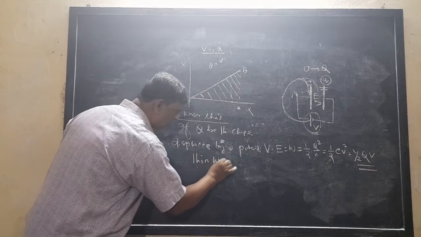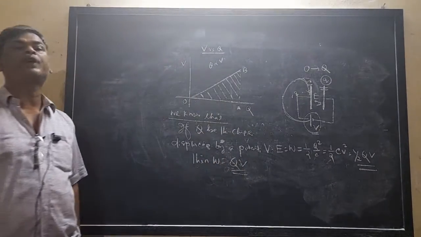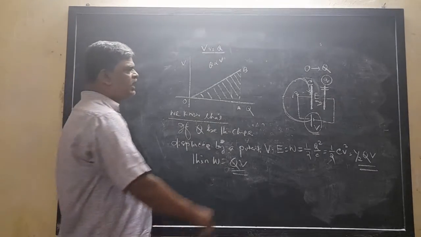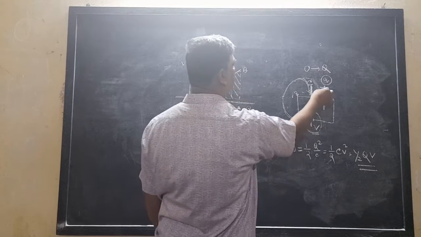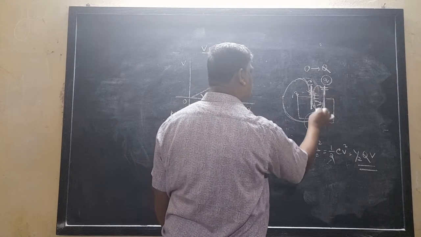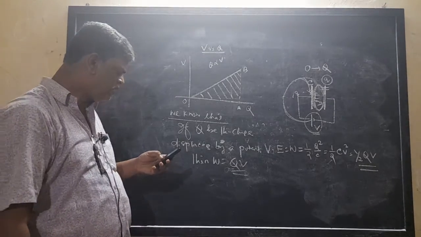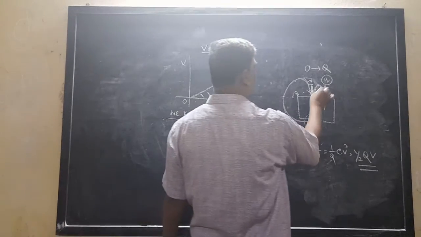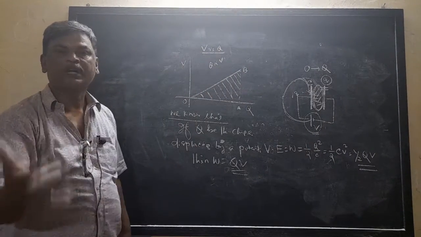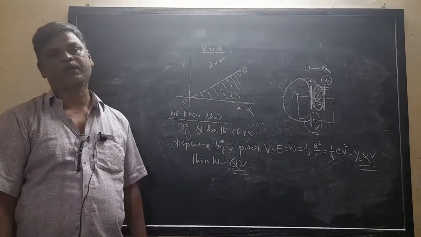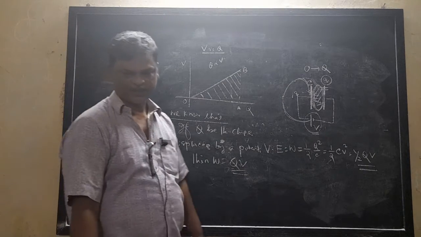Then W is equal to QV, but the energy stored is half QV. That means during the charging, half of the work is stored in the form of energy. Half of the work done by the battery is stored as energy, and the other half is dissipated in the form of energy to the surroundings. Clear? So this is all about your capacitor.